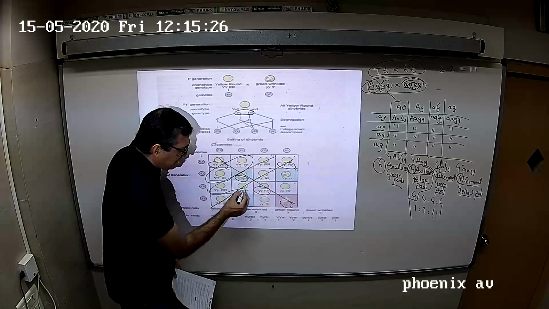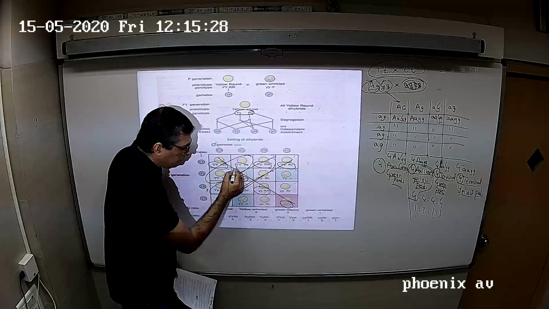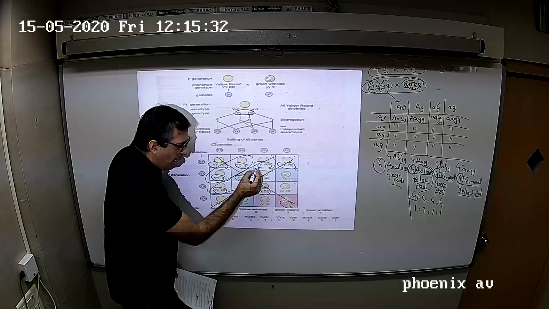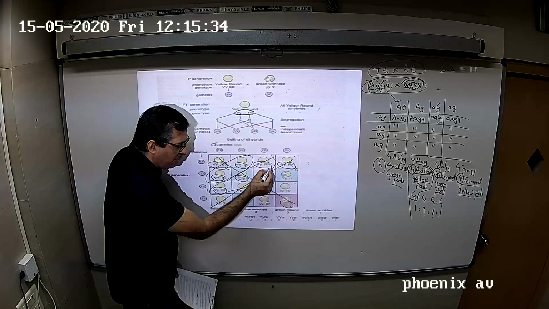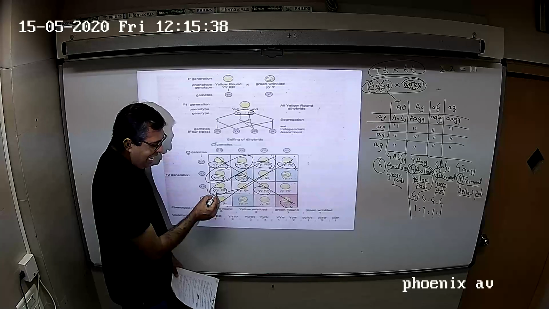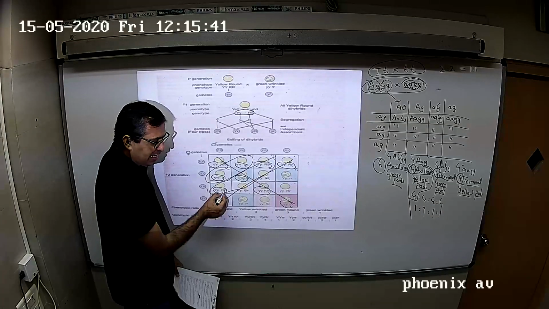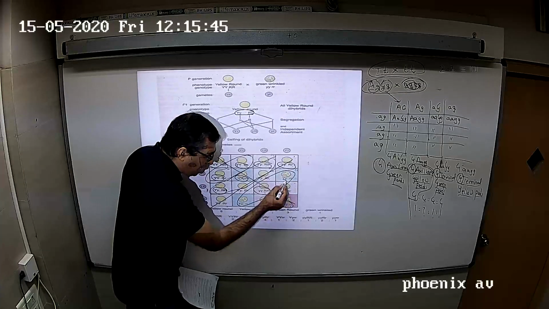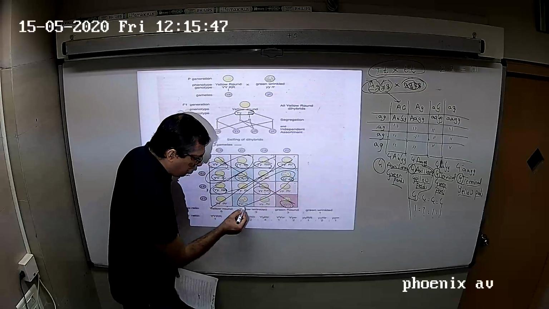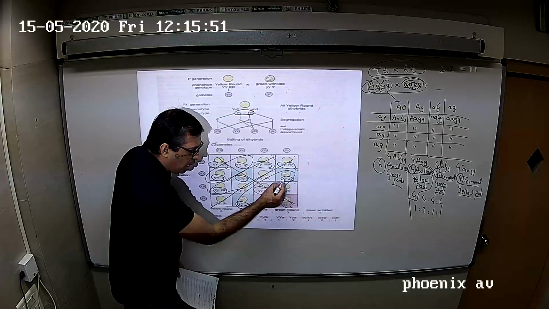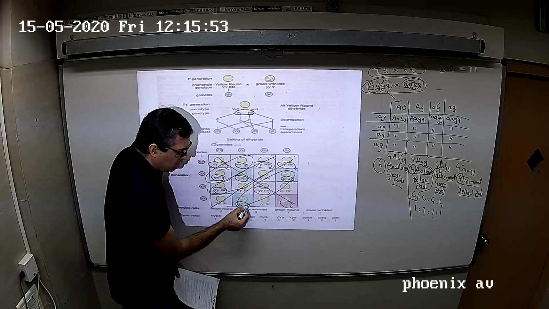These 2 plants are capital Y, small y, capital R: single heterozygous, single homozygous. These 2 plants are capital Y, small r: heterozygous, homozygous.